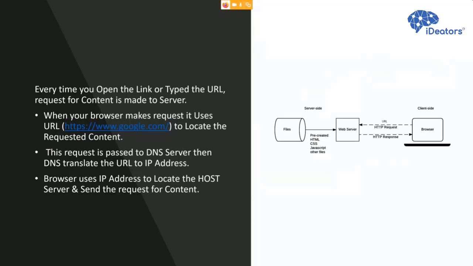You have to see how the communication works. Here we can try to understand: on the right hand side we have a client, which is usually a web browser, and then we have a server.